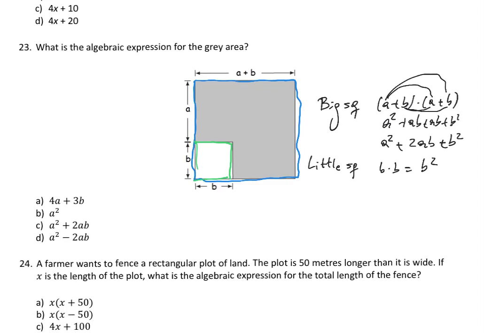So the gray area is the big square, A squared plus 2AB plus B squared, minus the little square, B squared. You're not mixing multiplications and subtractions or additions. So what is that? A squared plus 2AB. And the answer is C.